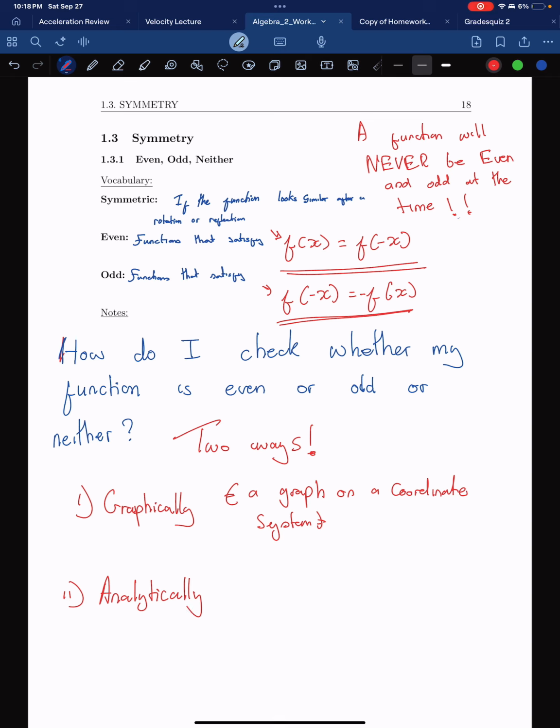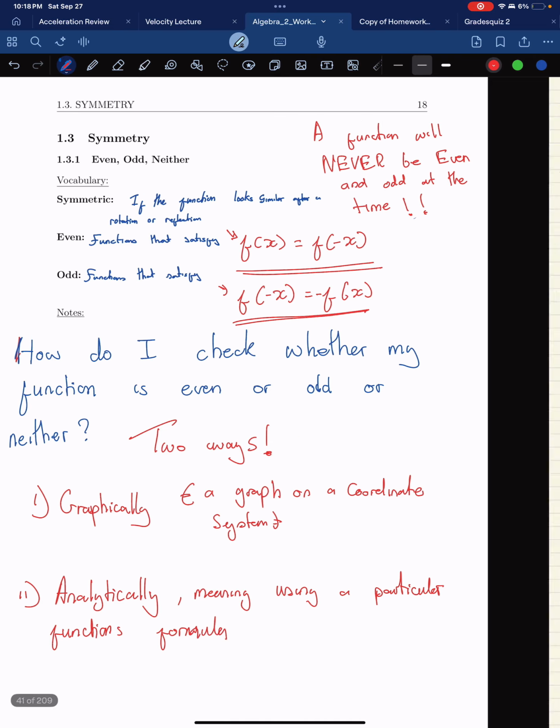But analytically means using a particular function's formula. All right? And we'll see both examples in our practice.